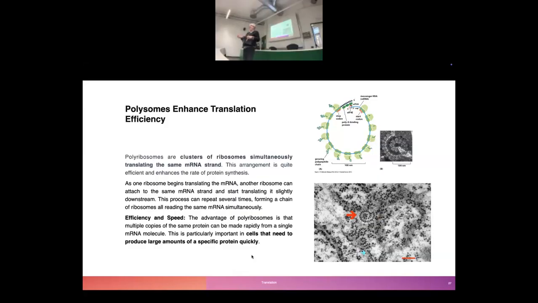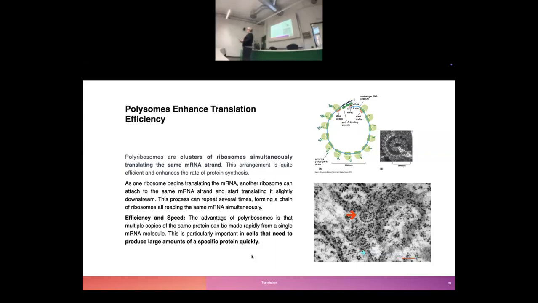And it is like a factory. This mRNA is heavily translated with ribosomes, it's not the sequence of the same ribosome going on. It is at the same time, as you can see with this electron microscopy, many ribosomes that are busy translating this RNA molecule, okay?